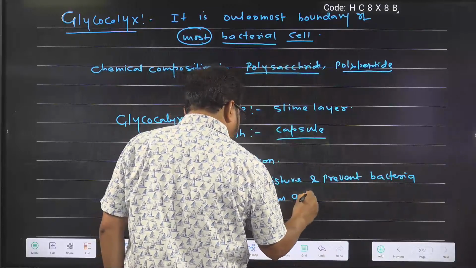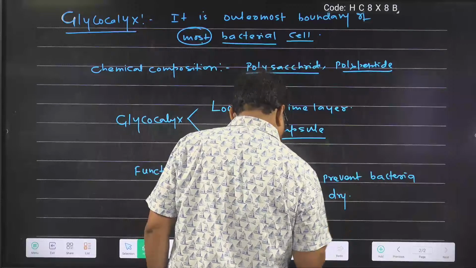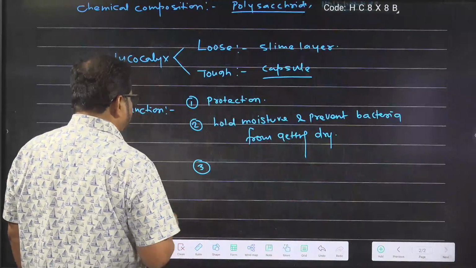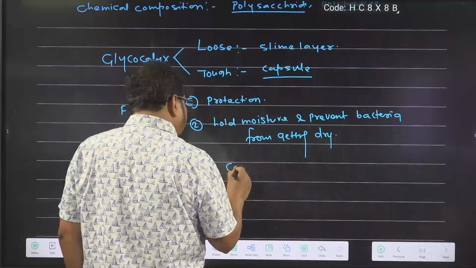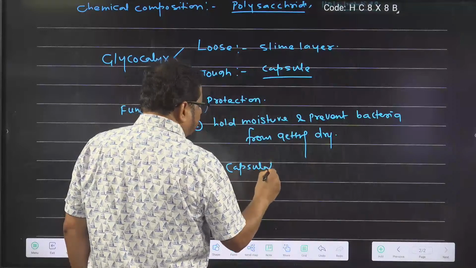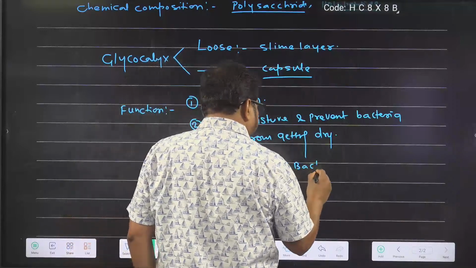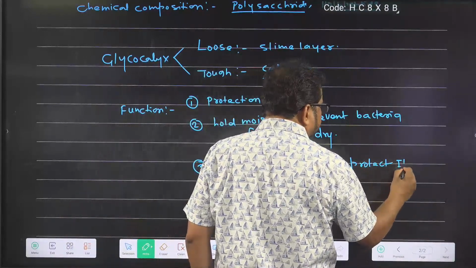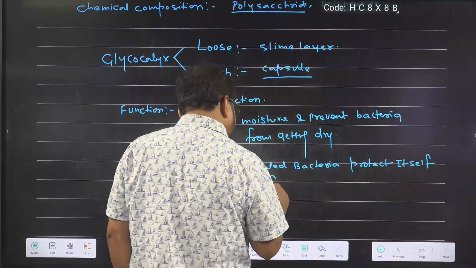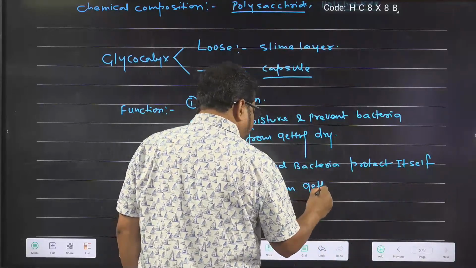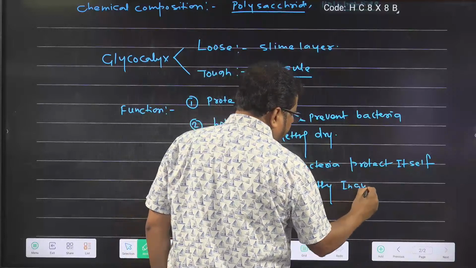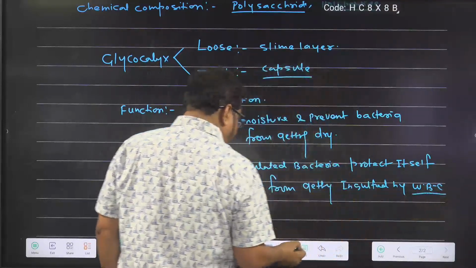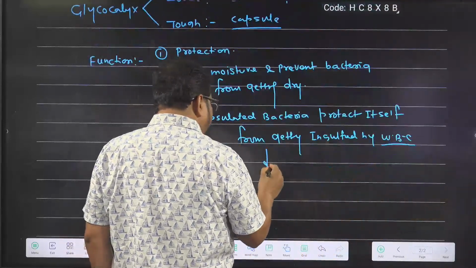Another function of glycocalyx is that capsulated bacteria protect themselves from getting engulfed by WBC. Means they prevent themselves from phagocytosis.